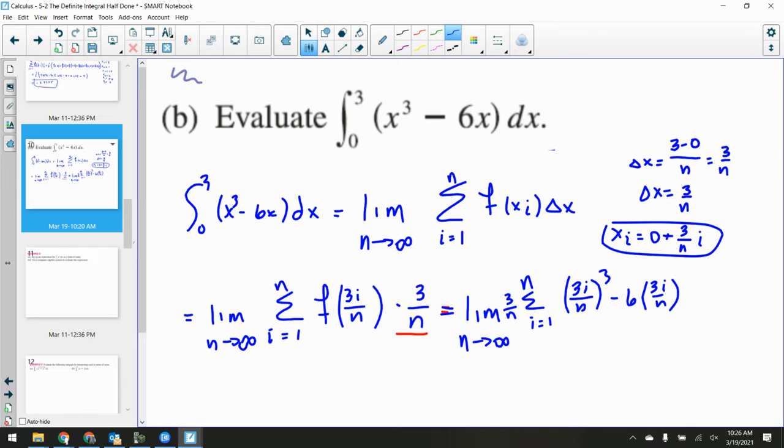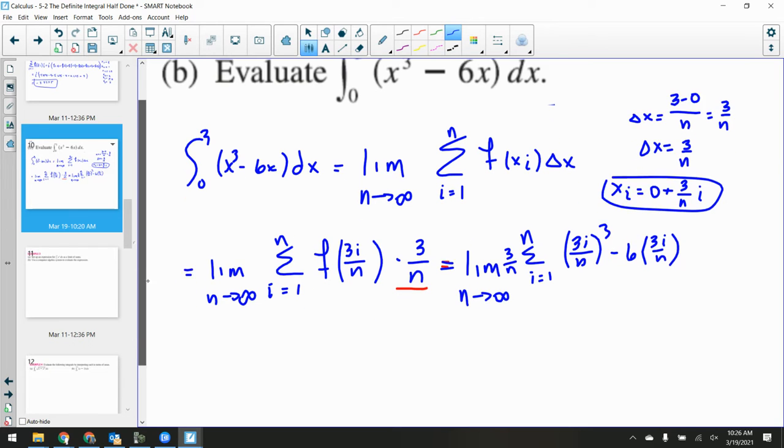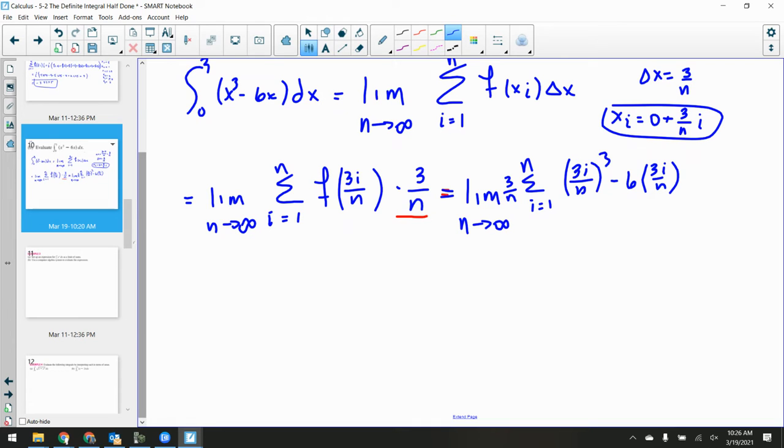Okay, so let's just start reducing down and see what happens. So that's equal to the limit as n goes to infinity of 3 over n times the sum from i going from 1 to n of 27i to the third over n to the third minus 18i over n.